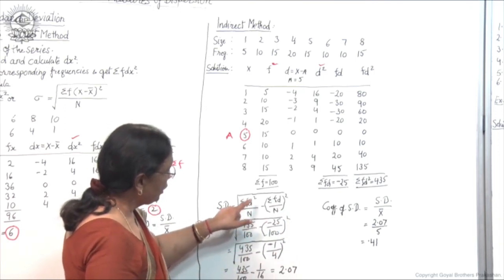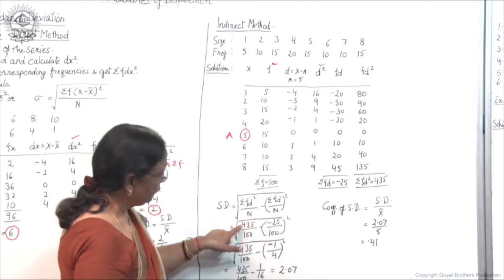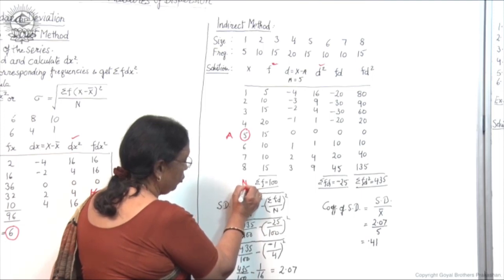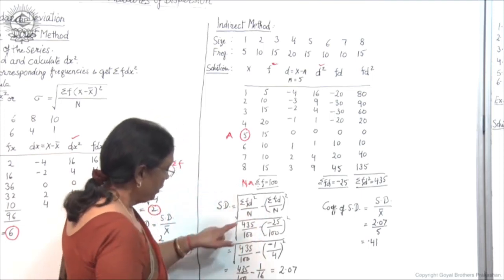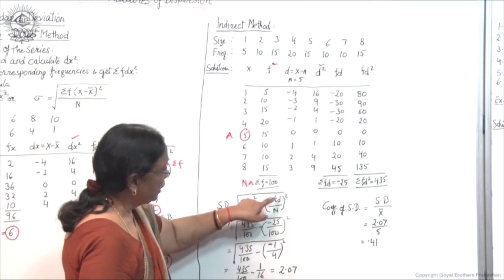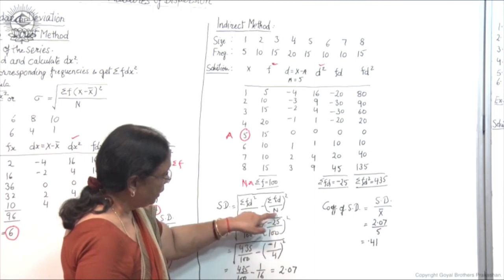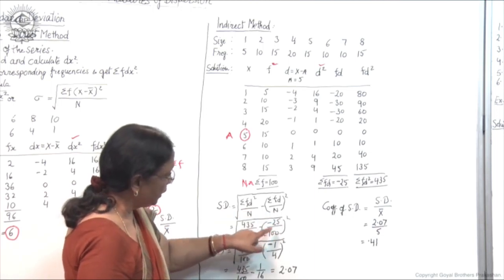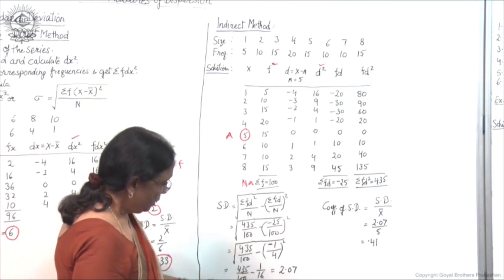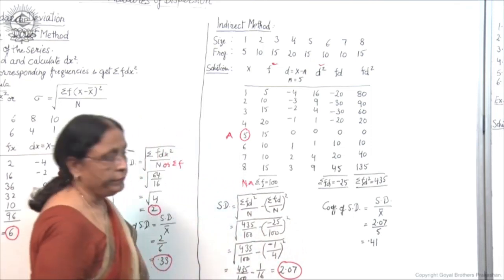Now sigma fd square is 435, write down 435, n is 100, write down 100, sigma fd is minus 25, write down minus 25, n is 100, write down 100 whole square, simplify it, and this you will get as standard deviation, right?